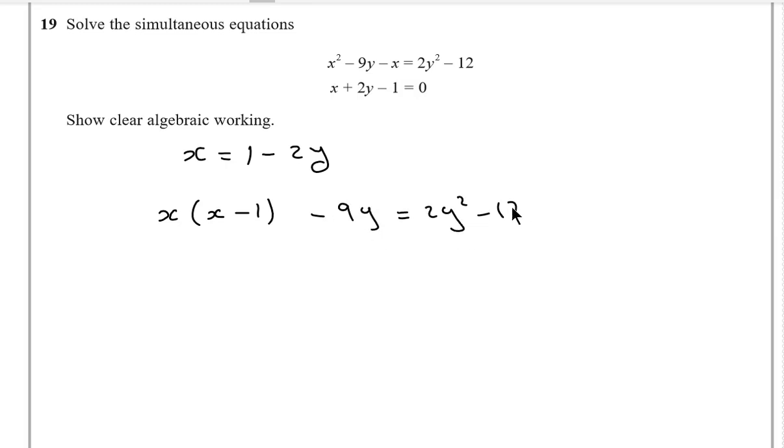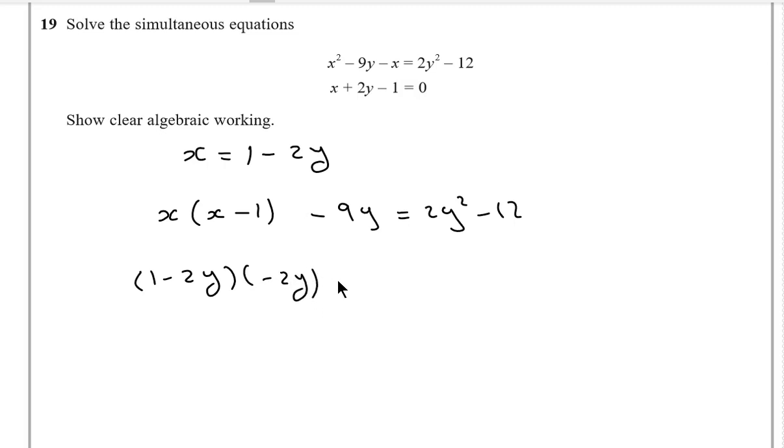Why do I do this? Because this way I reduce the power 2, and now instead of x I will write 1 minus 2y, and also 1 minus 2y for the bracket, but 1 minus 1 will be cancelled, so I have only minus 2y. It will make the calculations easier.